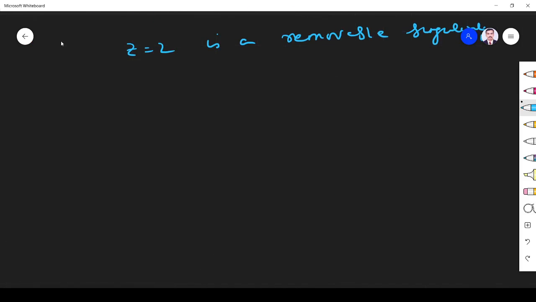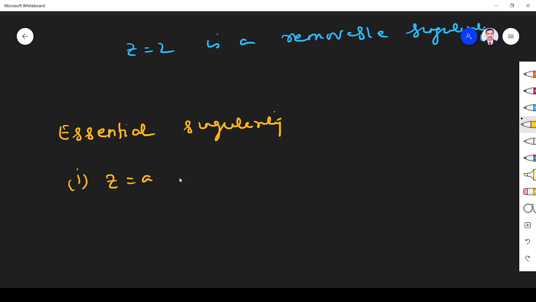This is removable singularity. There is one more singularity called essential singularity. Essential singularity means, as usual, a point z is equal to a is called an essential singularity. First condition is z is equal to a must be a singular point.